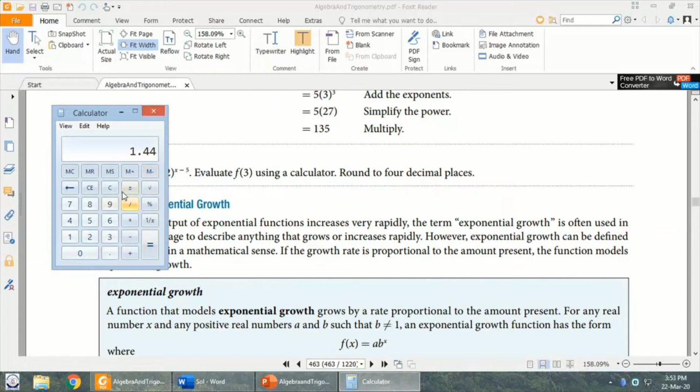So this again has to be in the denominator, so 1 by 1.44, and you get 0.6944. This is a very long answer.